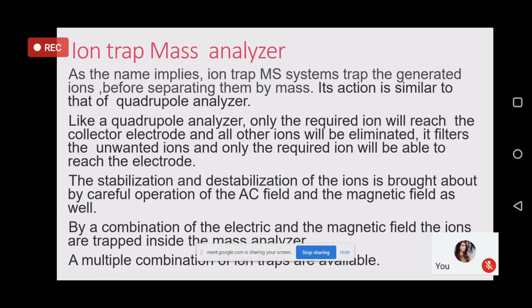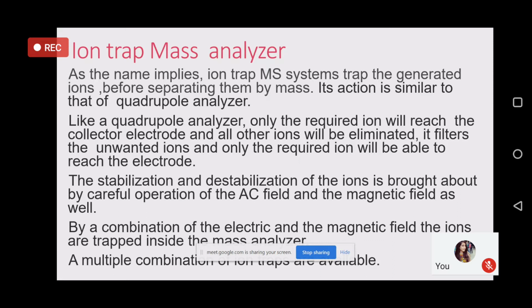So you can alter only one of those two alternatives, so that ions with one particular M by Z will have their orbit destabilized, and they will come out of that and reach the collector electrode.